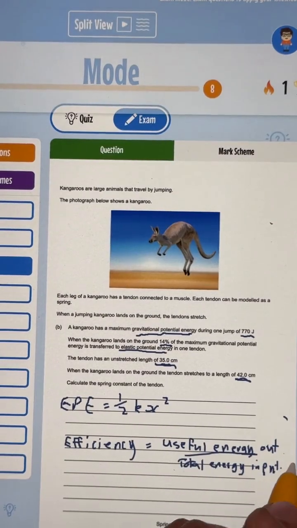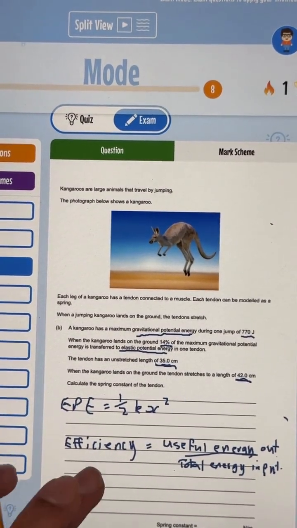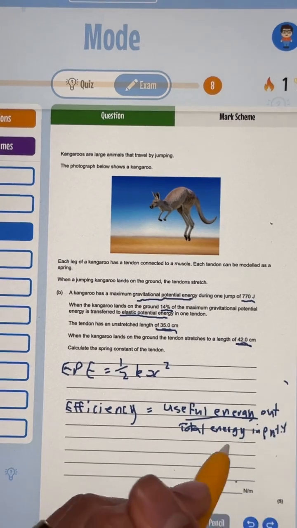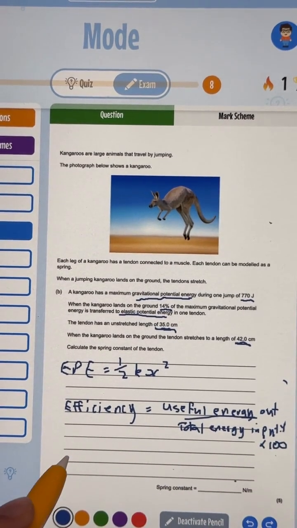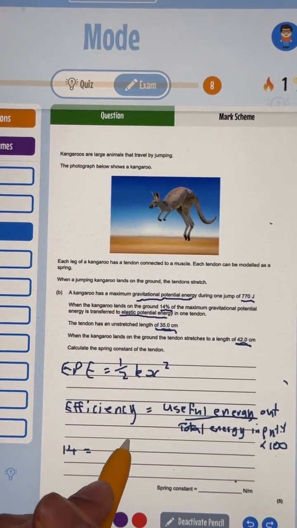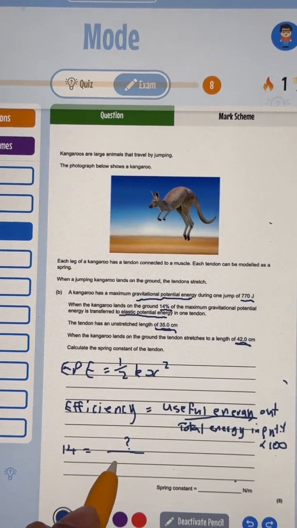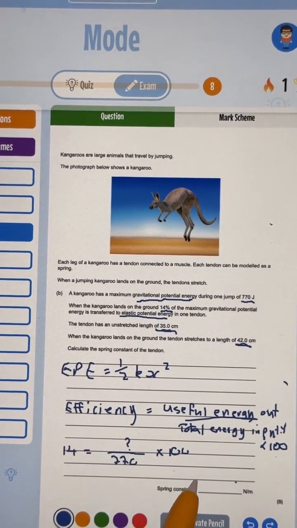So times by 100, I can't fit it in there, sorry about that. There we go, times by 100. So if I put the efficiency as 14%, that equals the useful energy, in this case the EPE that we don't know, over the gravitational potential energy, which is 770, times by 100.